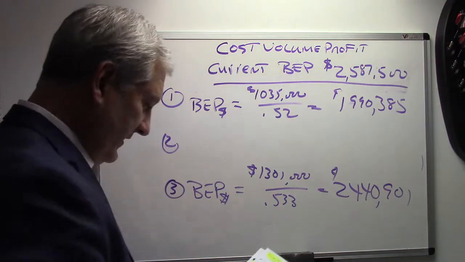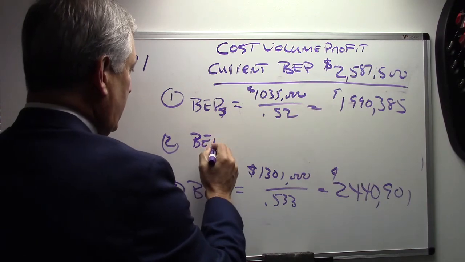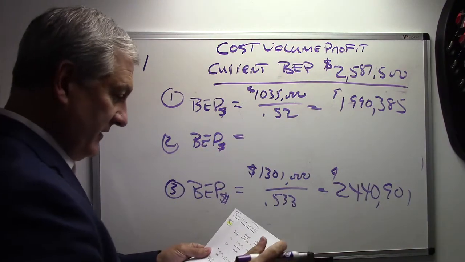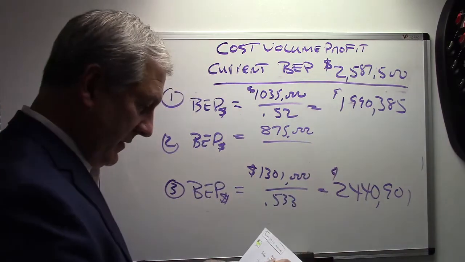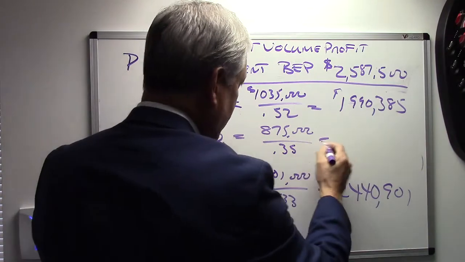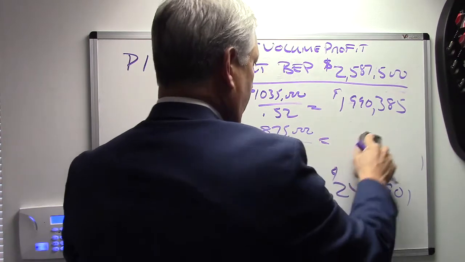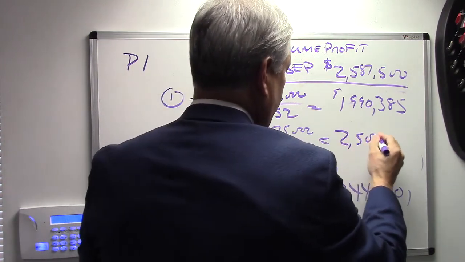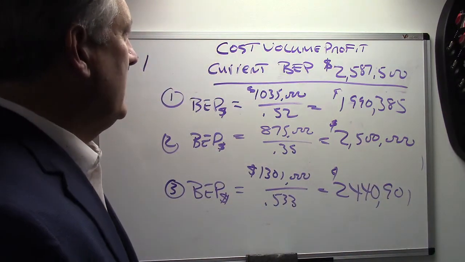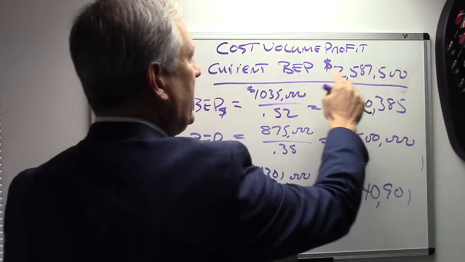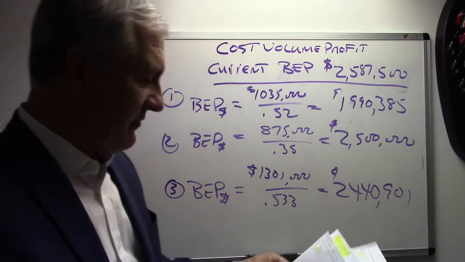In our second scenario, we had break-even point in dollars. It was 875 divided by 0.35, which was exactly 2,500,000. So without any changes, the break-even point was 2,875. Scenario 1, Scenario 2, Scenario 3.